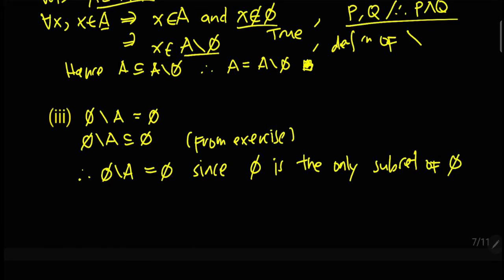Unique ang subset ng empty set. Isa lang yon. So, kung meron kang isang bagay na napakita mong subset siya ng empty set, then that particular set is an empty set. Okay? Because of the uniqueness of the empty set. Nag-iisa lang siya. Okay? Alright.